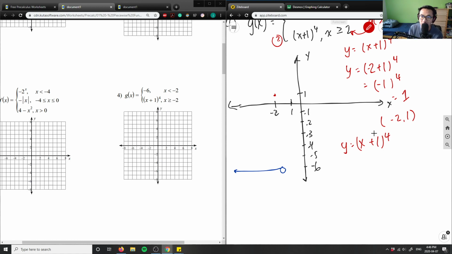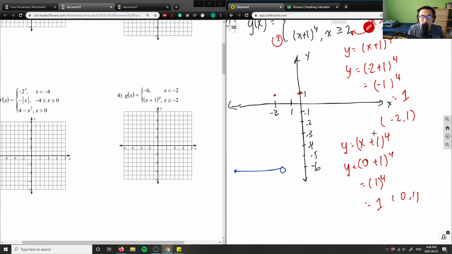I would sub in x equals 0, right? So if x equals 0, then y equals (0 plus 1) to the power 4. 0 plus 1 is 1, to the power 4, which equals simply 1. So my point here would be (0, 1), a point on my graph.